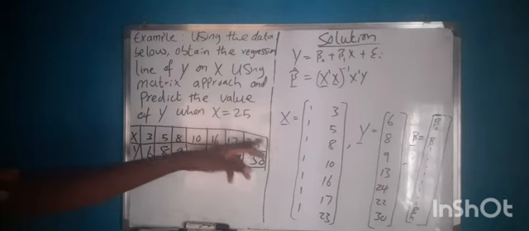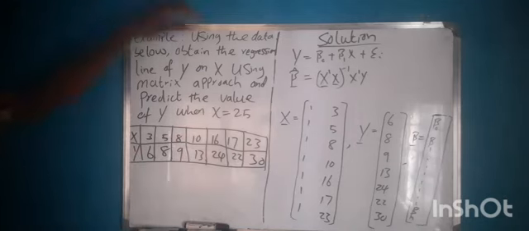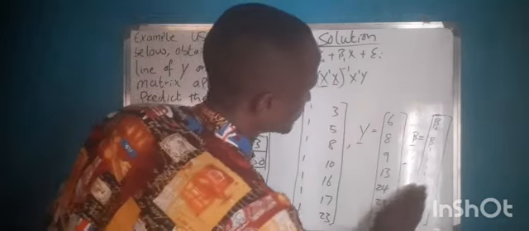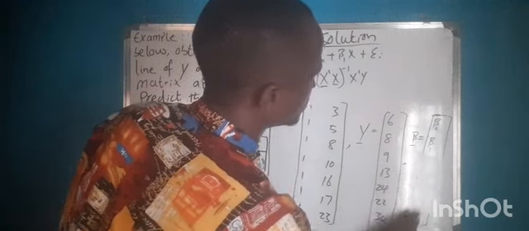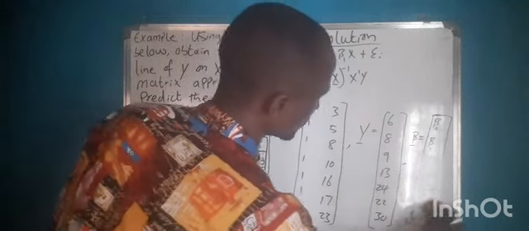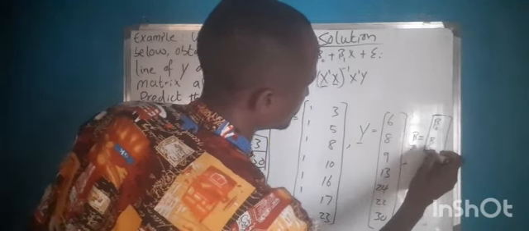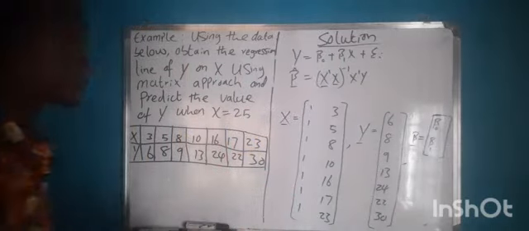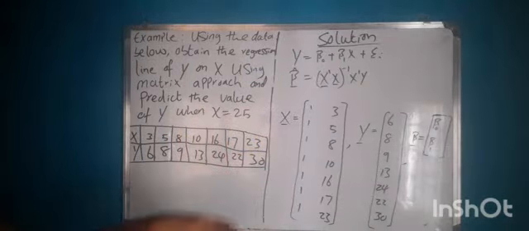But in this case we have only one dependent and one independent variable, so our parameters will give us only beta naught and beta 1.